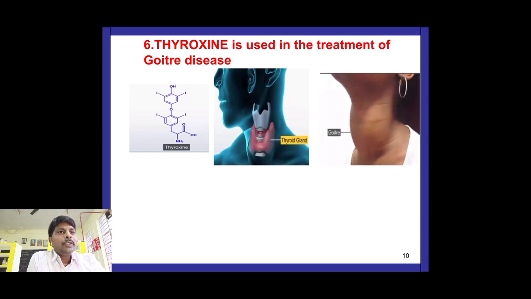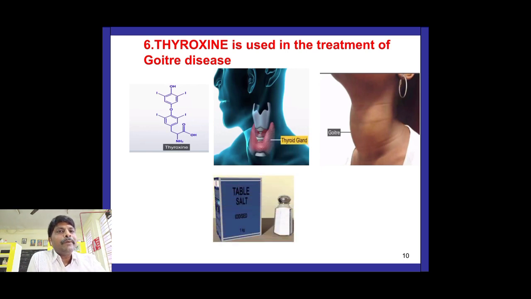This goiter disease you can find in the thyroid gland. It is because of deficiency of iodine. That's why nowadays the government instructed to add iodine in salt, iodized salt. So this thyroxine is a medicine used in the treatment of goiter disease.